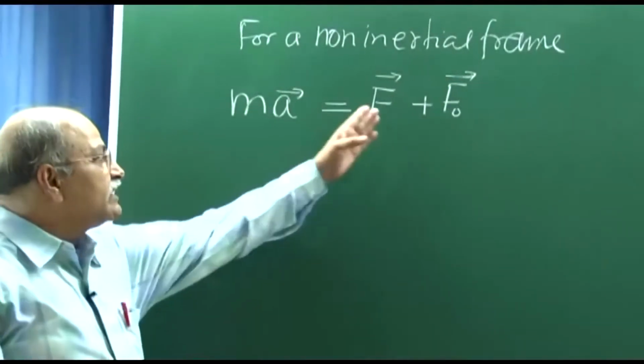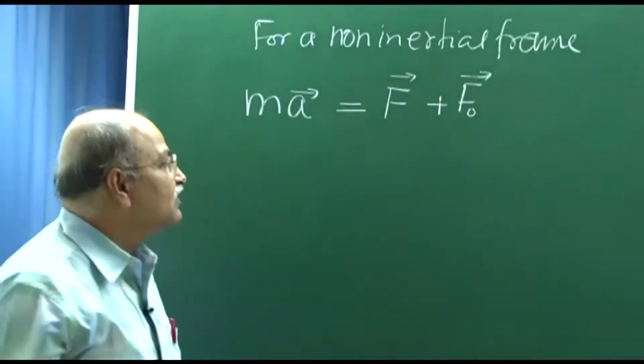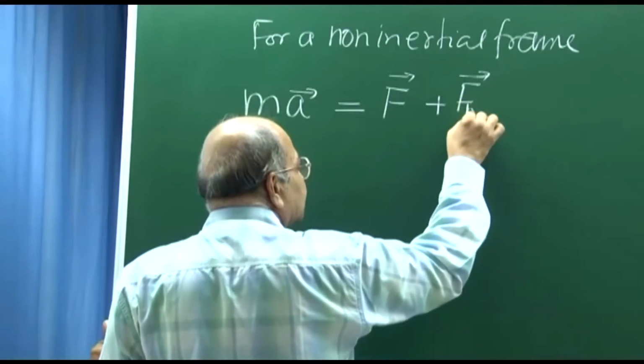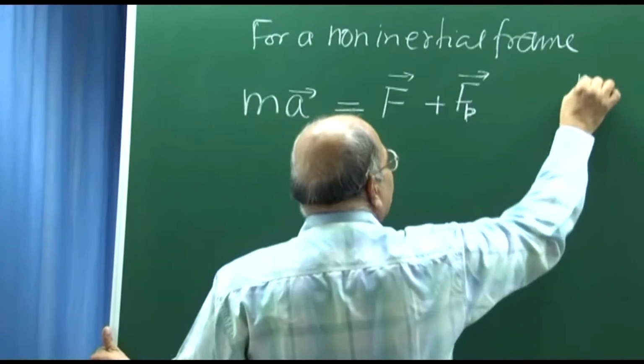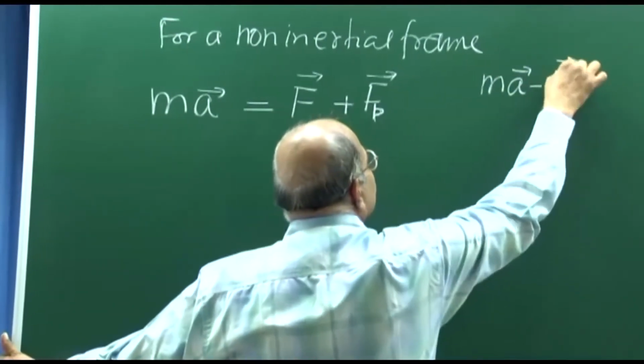This ma minus F, which is not 0, call that Fp. P is for pseudo. So, mass times acceleration is not equal to the total forces applied.